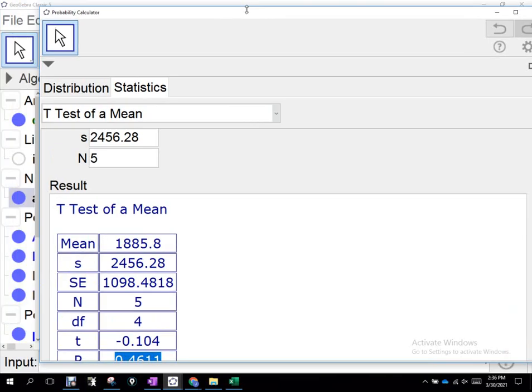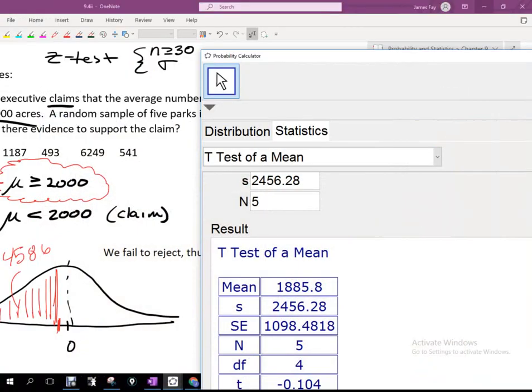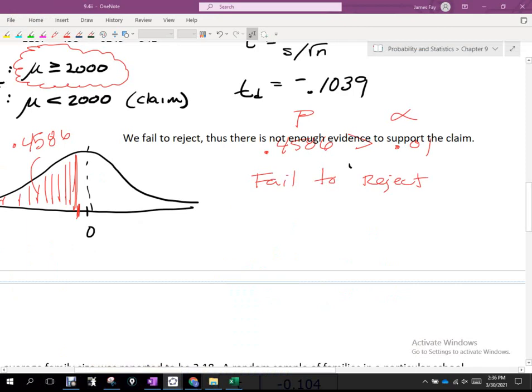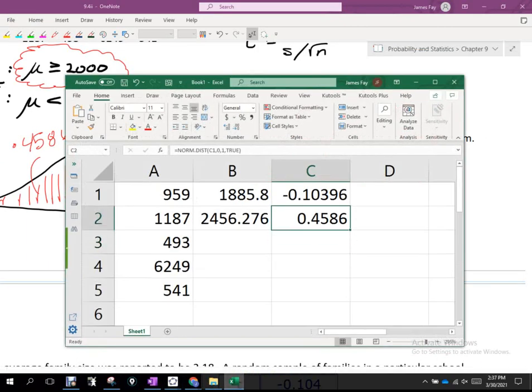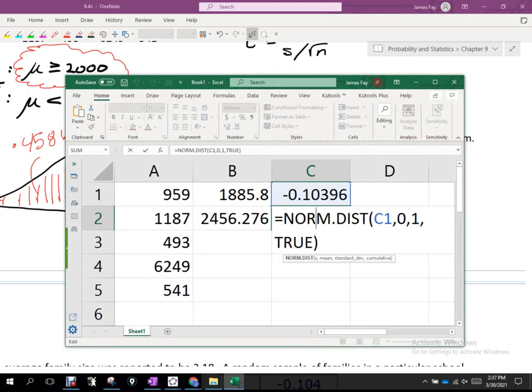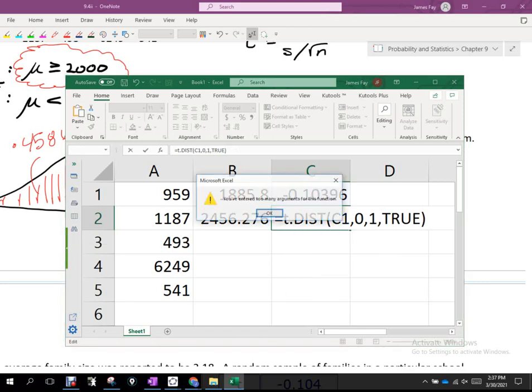Now our area was slightly different than that, because what did I do with the area when I did this? I might have typed in degrees of freedom incorrectly. I did. I shouldn't be using a normal distribution. I should have used the t distribution.